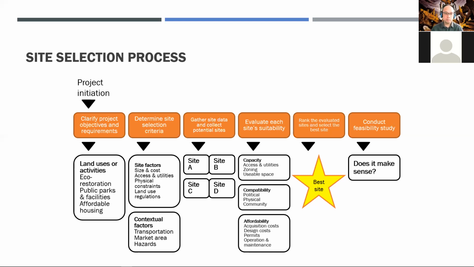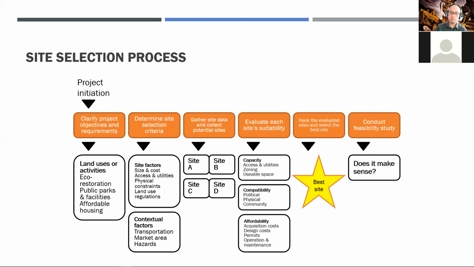And there are no inherent limits on either the number of selection criteria or the number of sites that can be evaluated. There are practical limits, however, dictated by the time and resources available, as well as by the risks of selecting a poorly suited site.